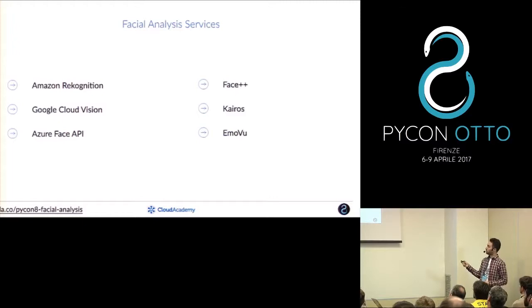There are other tools that focus just on facial analysis, like Face++ or Kairos or AMO View. And those are good services too. I will say they don't have an ecosystem of services around this facial analysis thing, which means maybe you have to deal with storage yourself, or maybe you cannot build a full automated pipeline.